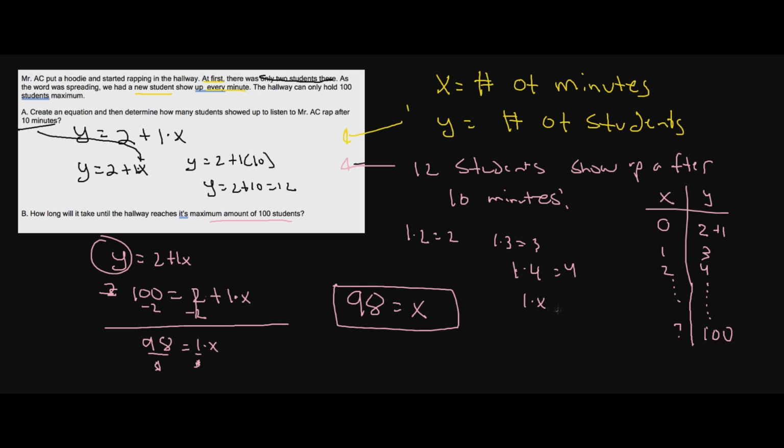What's 1 times x? It's just x. So notice there's always like this invisible 1. It was there when we wrote our equation. No need to do anything to it. There it is. It took 98 minutes for 100 people to show up. And think about how nice it was to use our equations to solve a problem like this without having to make a table all the way to the 100 term.